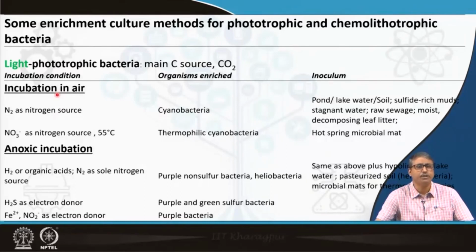So, they are anaerobic, while some organisms are aerobic. So, we can have aerobic incubations, we can have anaerobic incubations, and we can have nitrogen or nitrate as the nitrogen source.